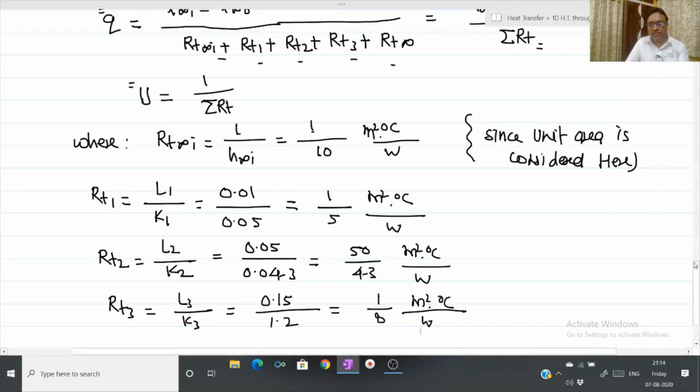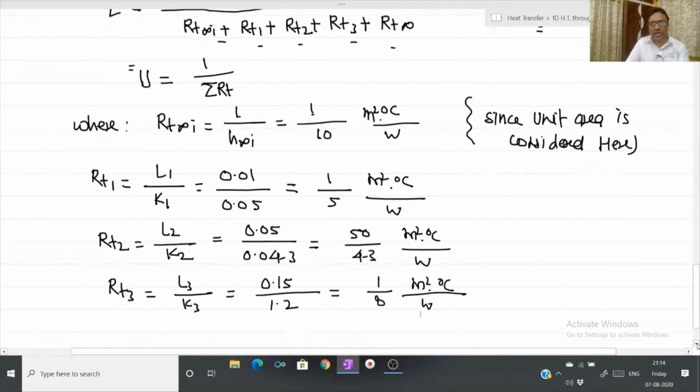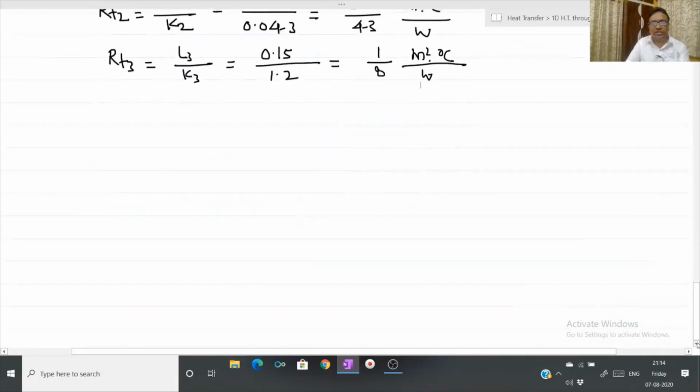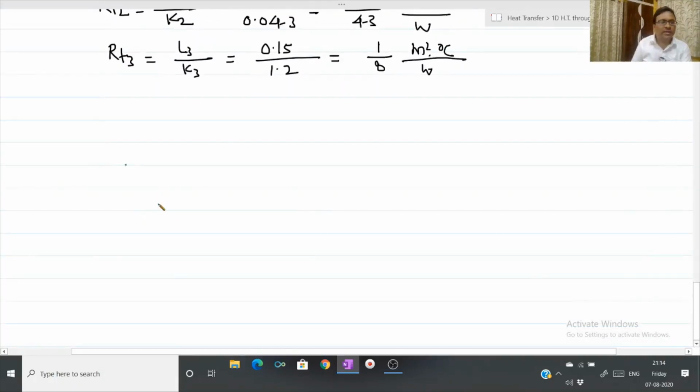And the final thermal resistance, that is convective thermal resistance offered by the cold air, is RT infinity O, 1 over H infinity O, is equal to 1 over 40 meter square degree Celsius per watt.